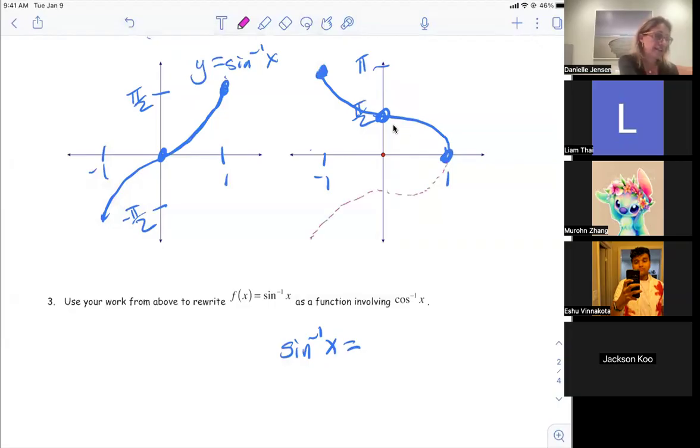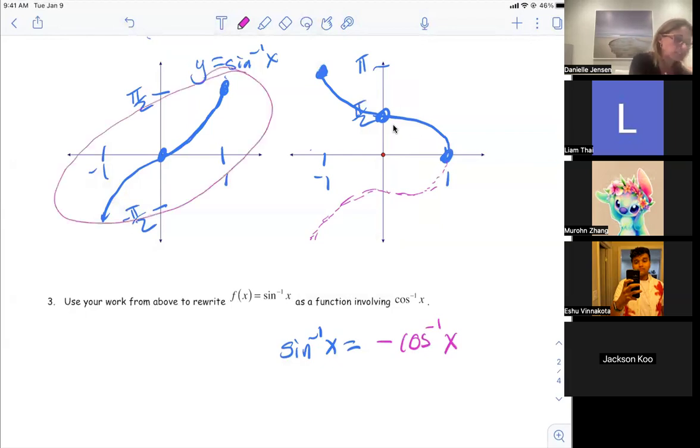It looks like that. That would be negative, meaning negative outputs, because when you flip it over, the y values change. Then what would I have to do so it lines up with what this looks like? Shift it up pi over 2. Yeah, plus pi over 2. So that's one way to think about it.